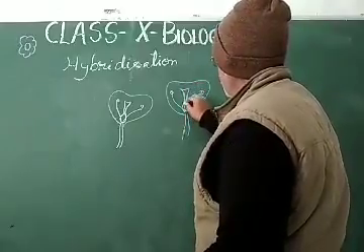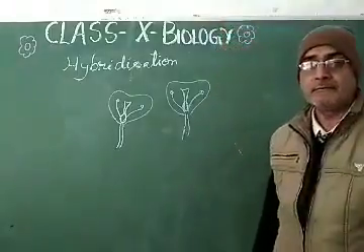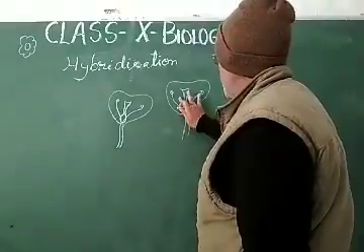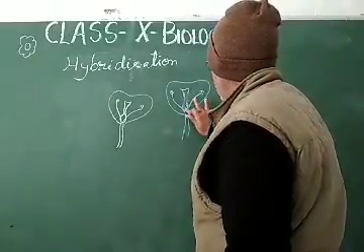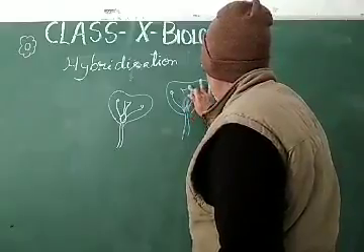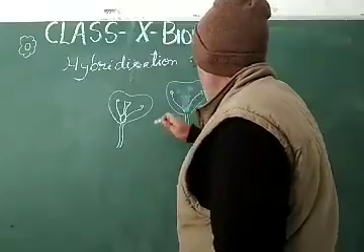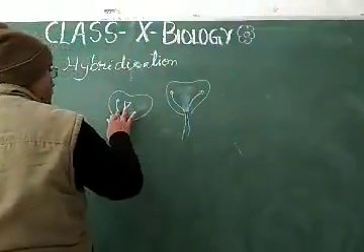So what happens in the process of artificial hybridization is the removal of parts: in one plant, one flower, the gynoecium has to be removed, and in the other flower, the androecium has to be removed.